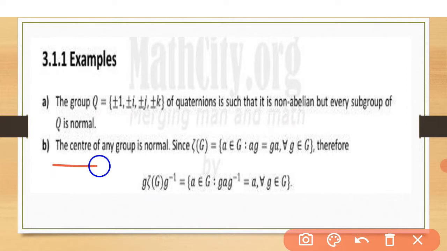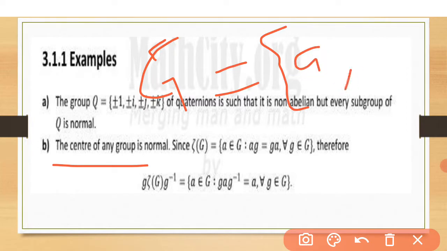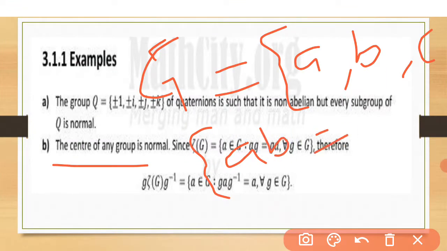The second example is that the center of any group is normal. We know that the center of a group consists of those elements which commute with every element of G. For example, if we have G equal to a, b and c, let us take a. ab is equal to ba and ac is equal to ca.